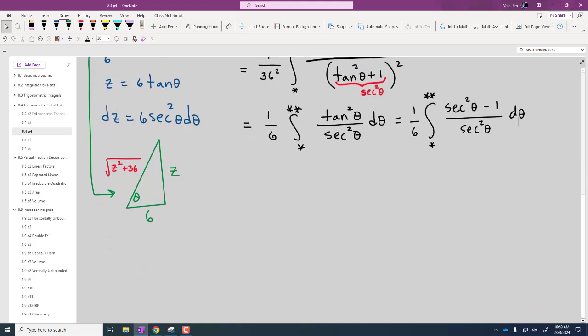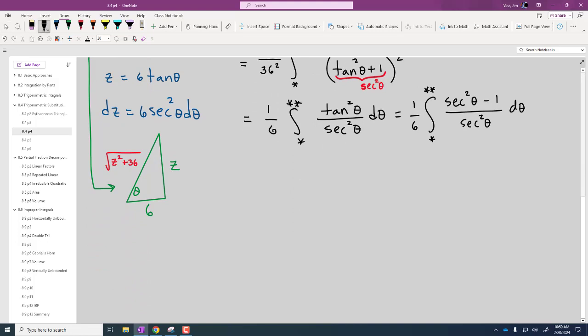So now we're going to distribute that denominator, i.e. split the fraction. So we're going to have 1/6, and when we split the fraction, secant squared into secant squared is 1. Secant squared into 1, so the reciprocal of secant squared is cosine squared.